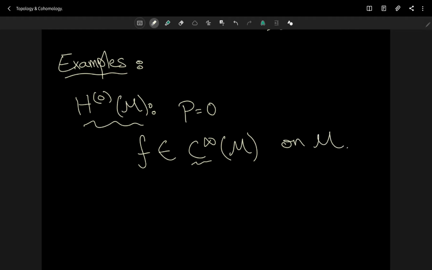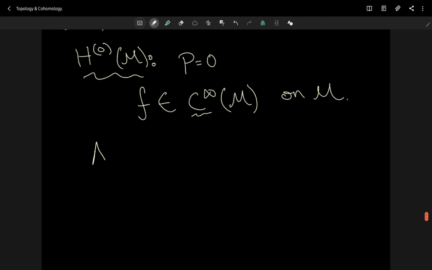And now the elements of your A0, which is the closed forms, are closed. Closed, right?